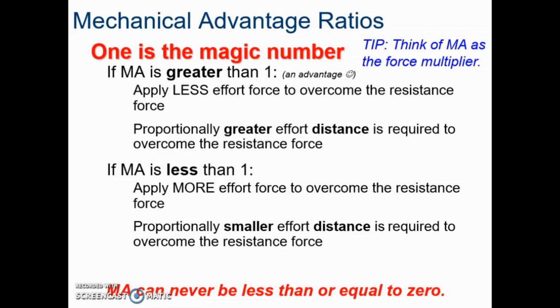But on the flip side, I have to apply it for a much smaller distance to achieve that force. Now notice your mechanical advantage can never be less than or equal to 0. So we're really just talking about greater than 0 and up, but that sweet spot, that awesome ratio, is 1. Bigger than 1, you have an advantage in terms of force. Less than 1, you have an advantage in terms of distance.